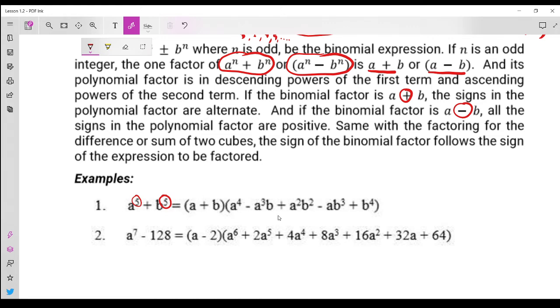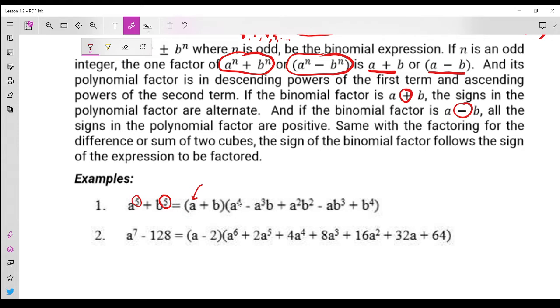The polynomial factor has the exponent of a in decreasing order and the exponent of b in increasing order. This one is descending, and this one is ascending.